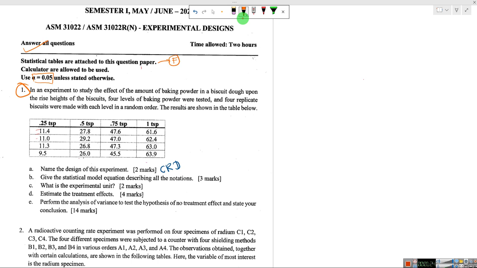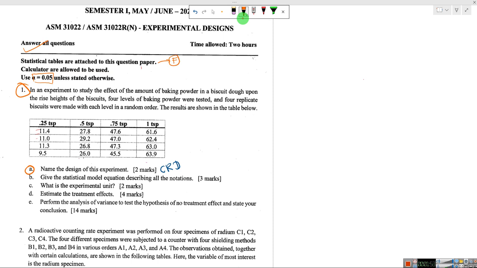Now, this is usually a CRD design, right? In the A part they have asked to name the design of this experiment. In order to identify which design we are going to select, we have to identify the population, the sample, the treatments, and the treatment units.